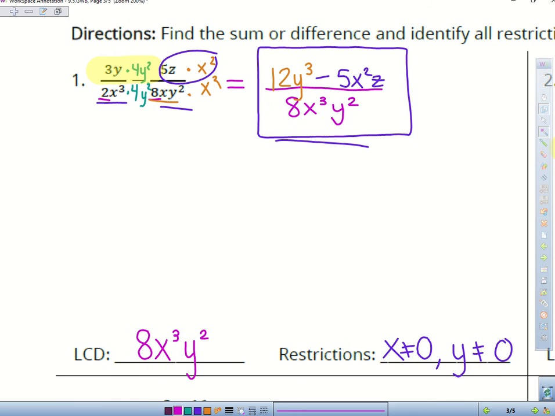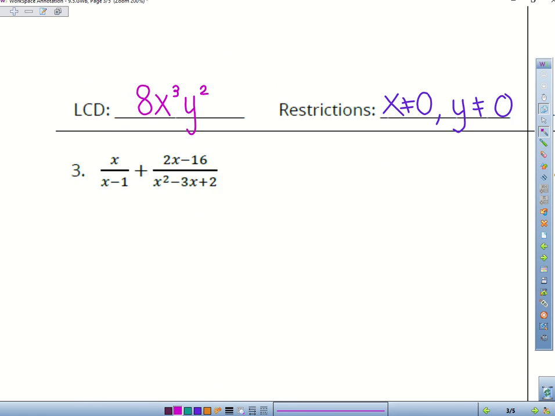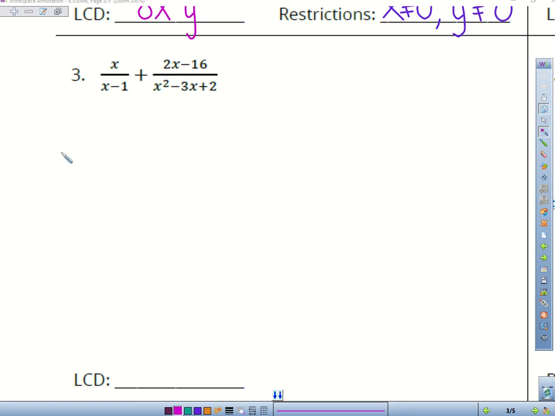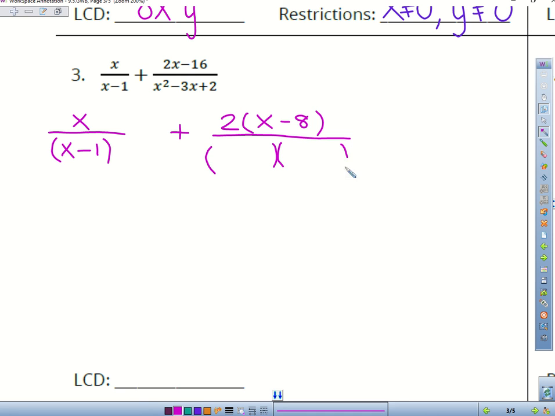Okay. Let's go ahead and try number 3. First thing you want to do is factor as much as possible. I'm actually going to leave some room here so we can multiply by the numbers. So like I said, my expectation is just you know how to factor. So that's why I'm just going through it quickly.